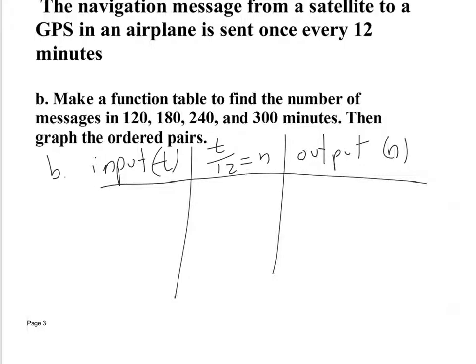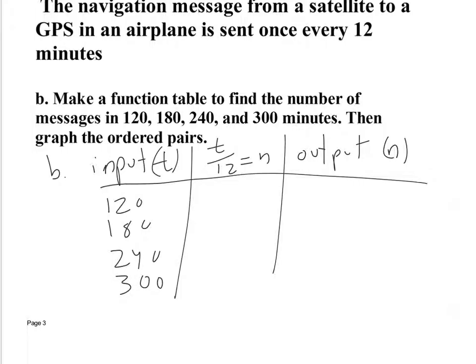And you can see, on page 34 in your book, they've already done that for you. But we're going to go ahead and fill it out just so you have the practice of filling out one of these tables. So my input is what they give me, which is 120, 180, 240, and 300.